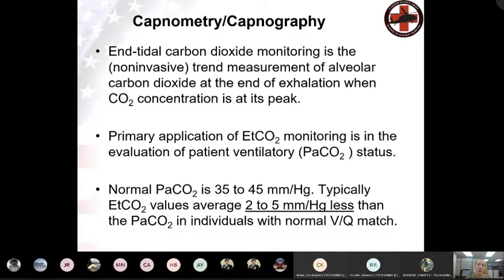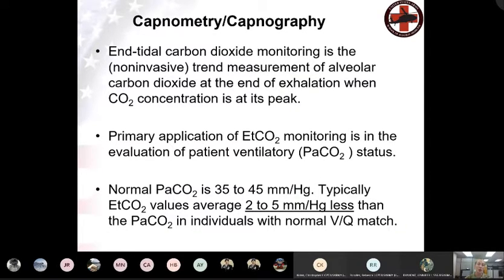I need to bring up a word of caution here. If you have an end-tidal of, let's say, 38, that means your PaCO2 is at least 38, but it could be significantly higher. That number is going to depend on having a normal VQ match.